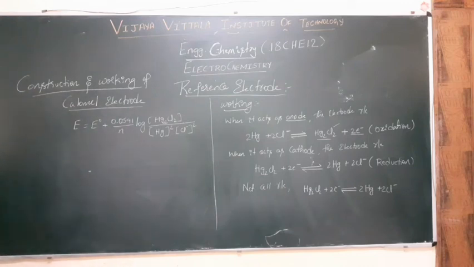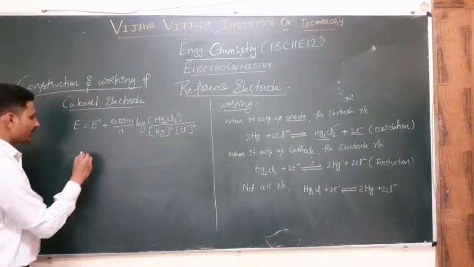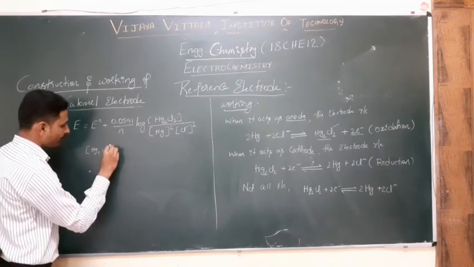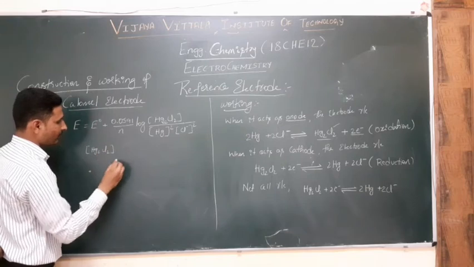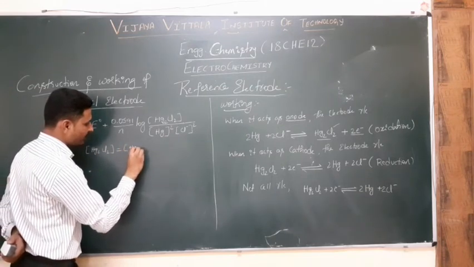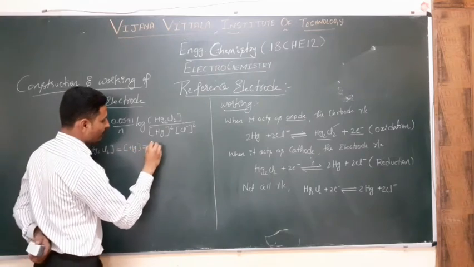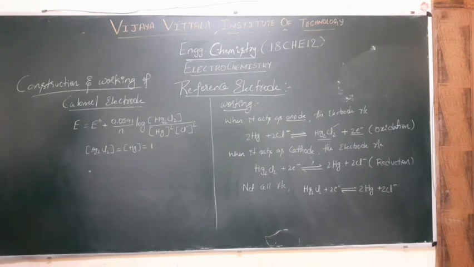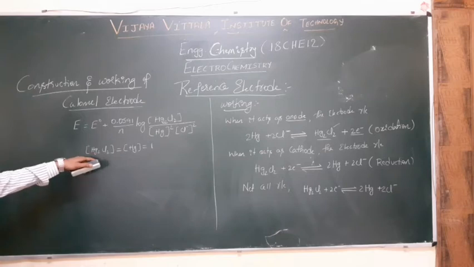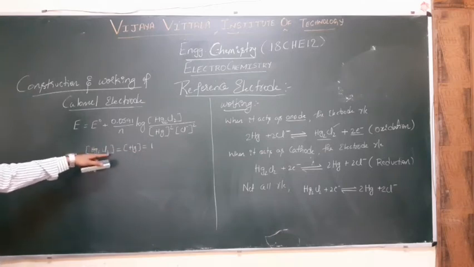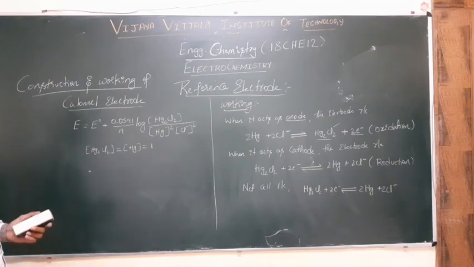Understanding here? But we know that the molar concentration of Hg2Cl2 equals the molar concentration of Hg, which is 1 for solid mercury and paste, so the molar concentration is taken as unity.